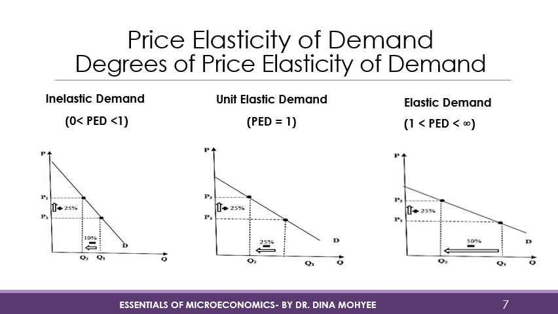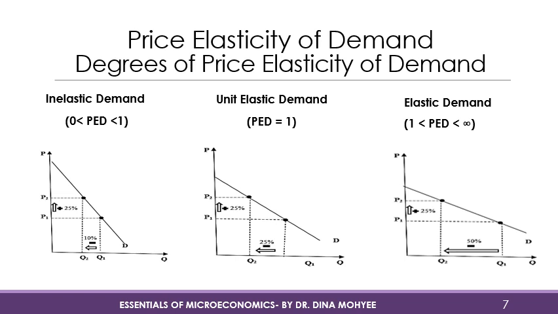Okay, now what about the other degrees of elasticity? There are three other cases of elasticity: inelastic demand, unit elastic demand, and elastic demand. With respect to the inelastic demand, it is a case that happens when a 1% change in the price leads to less than 1% change in the quantity demanded. What does this mean?